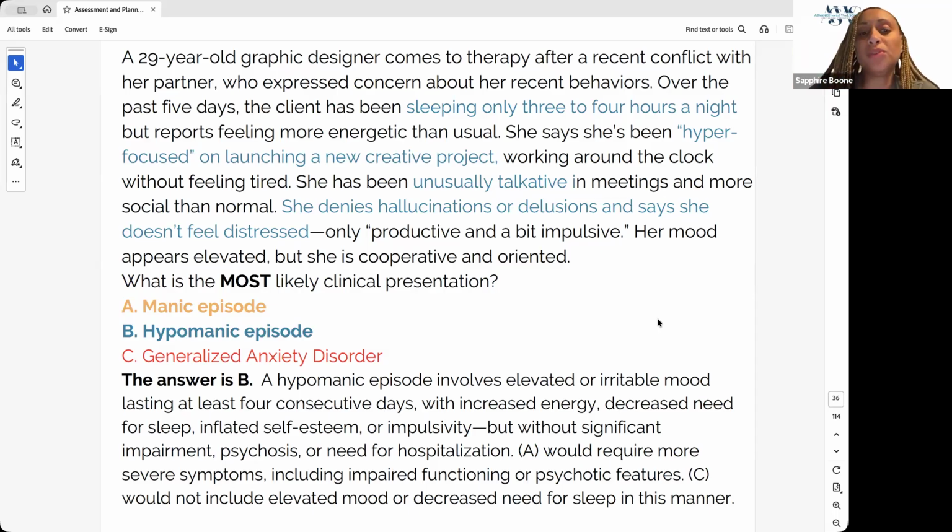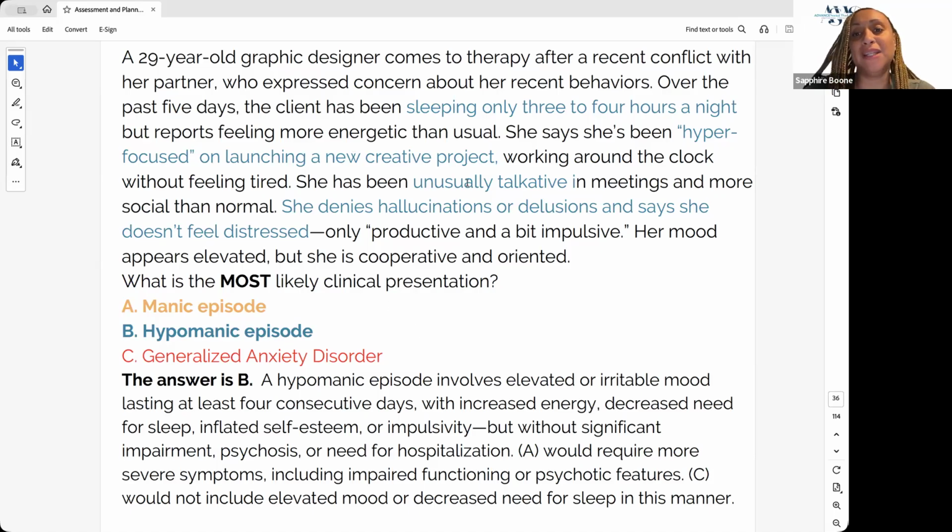If we're dealing with generalized anxiety disorder, we're going to see some type of worrying or concern about something. But we don't really see that. We see more of a mood, right? You see that she is having an energetic mood.